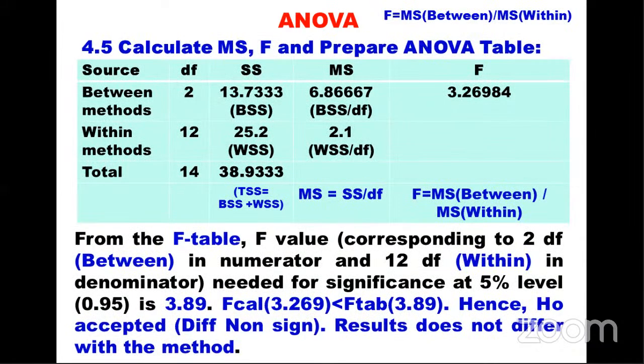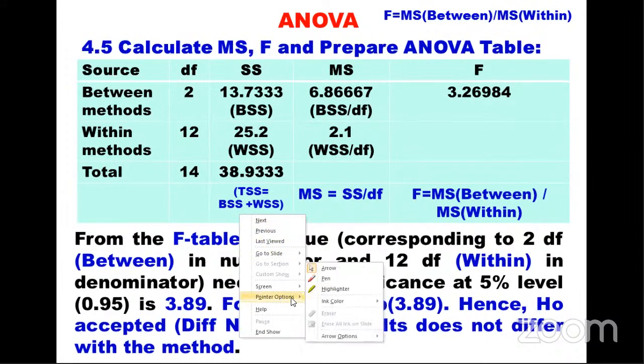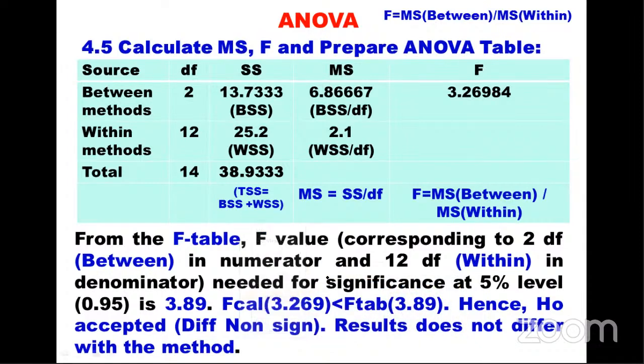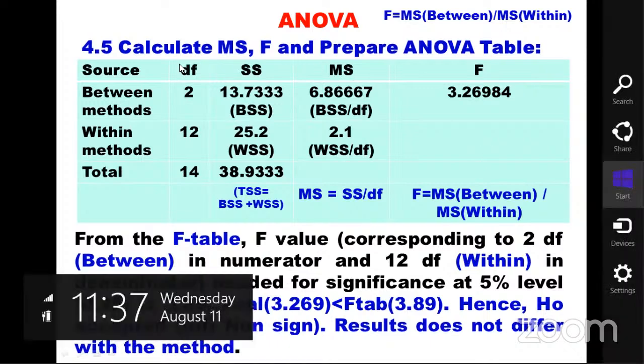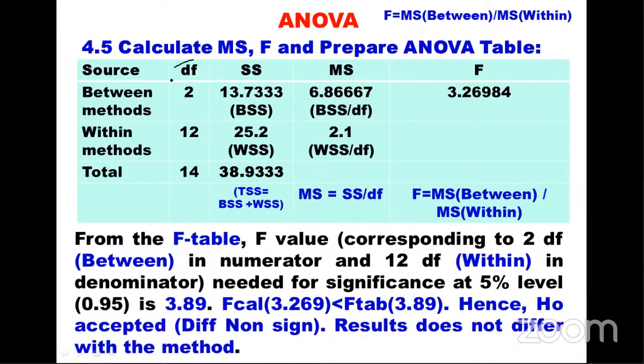Then put these in this table. This table is always required when we calculate ANOVA. We calculated DF 2, 12, and total 14. Then the sum of squares: BSS we got, TSS we got, WSS we got.